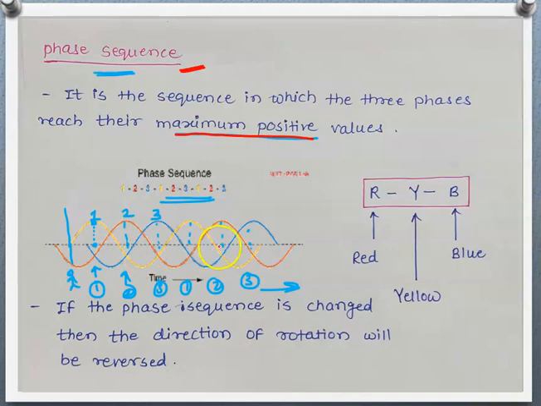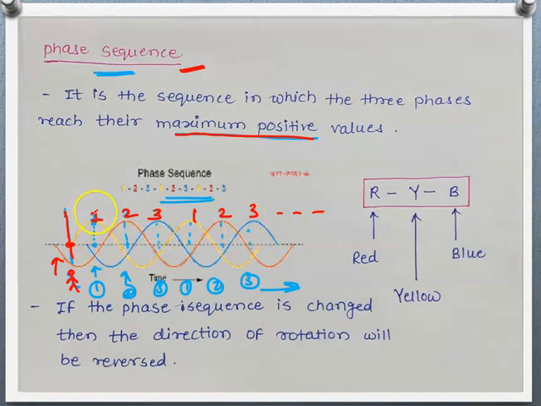Suppose this is the waveform, where this is the first wave, this is the second wave, and this is the third wave, and then first, second, third again because it is continuously generated. So suppose we are standing at this point and observing this waveform. At this point, we observe the first will pass, the second will pass, then the third will pass, again the first will pass, the second will pass, the third will pass.